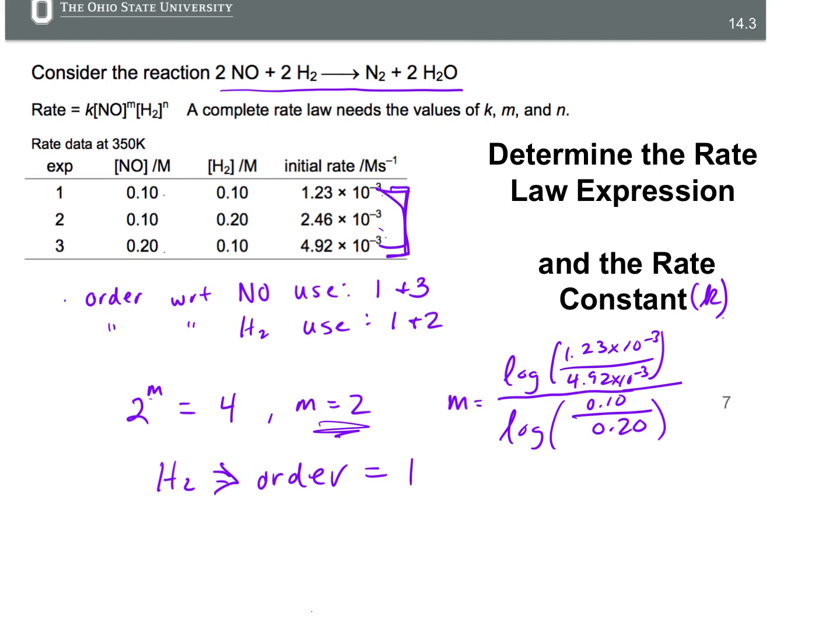Again, just looking at this, we're doubling the concentration, and the rate is doubling. We have to raise that to the power of 1. And if we want to write that out in terms of our powers, 2 raised to the 1 is 2, so n equals 1.